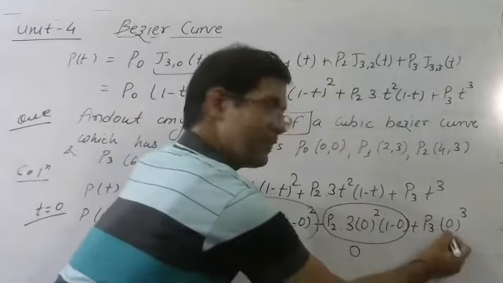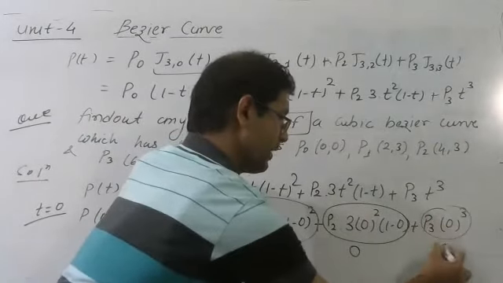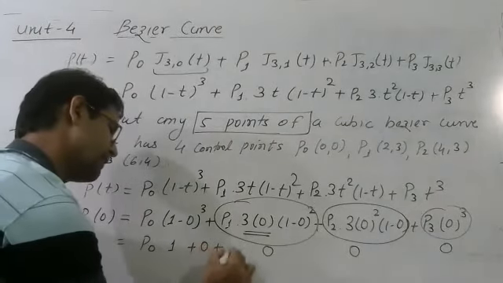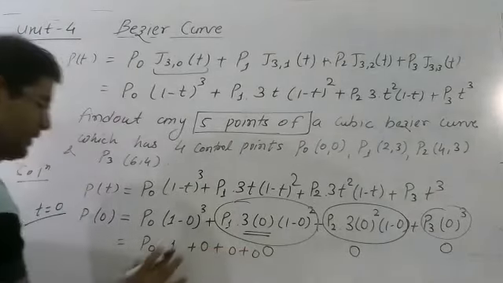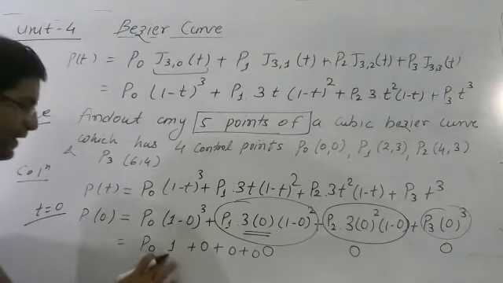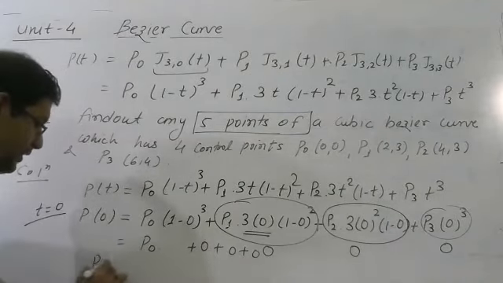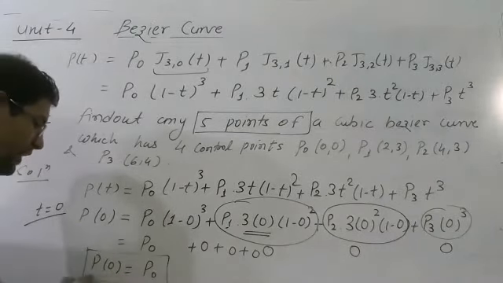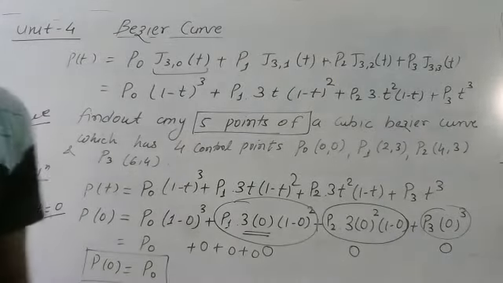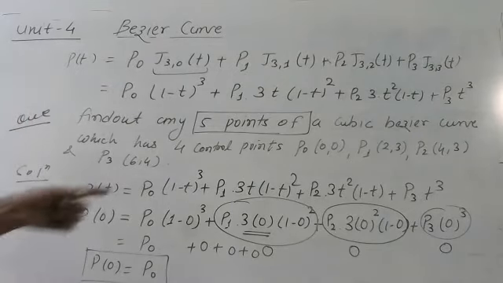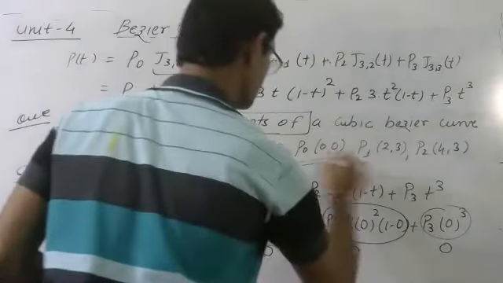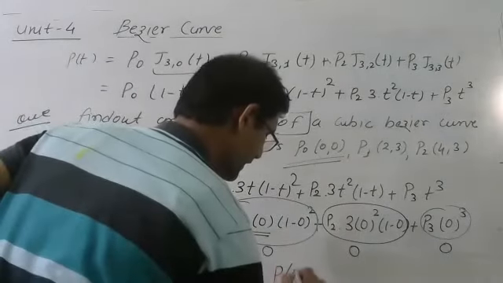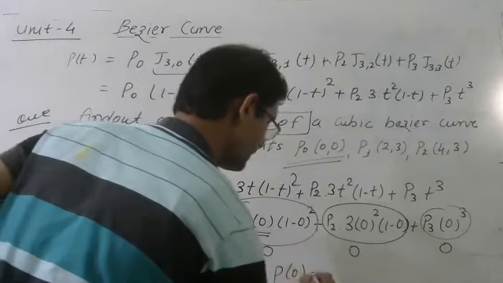Similarly, 0 cubed is 0, so this will also become 0. So finally, P0 plus 0 plus 0, multiplied by 1, there will be no effect. So finally, we get the first point of the curve as P0. And what is P0? P0 is given as 0, 0. So the first point of the Bezier curve is 0, 0.